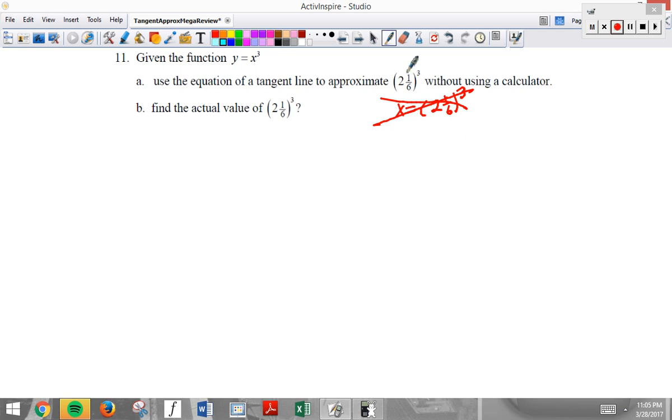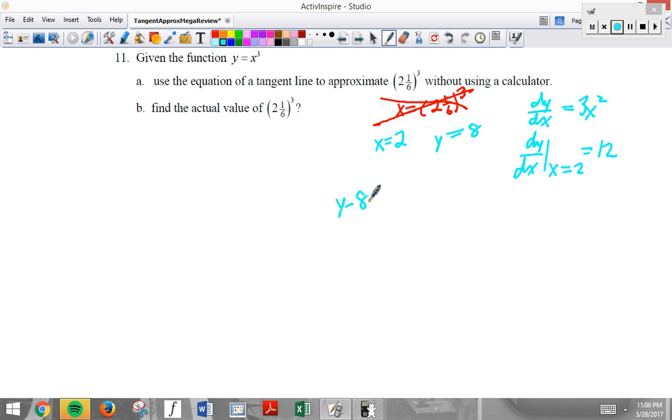Okay, what's close to 2 1/6? x equals 2. If x equals 2, my original function y would be 8. And dy/dx, which is 3x squared, evaluated when x equals 2, would be 12.